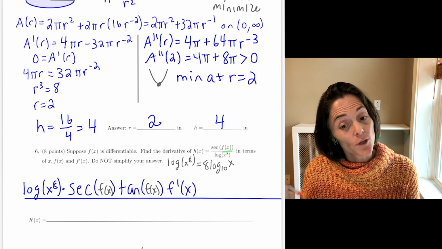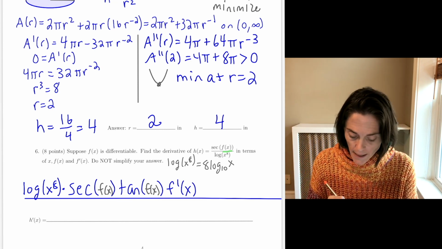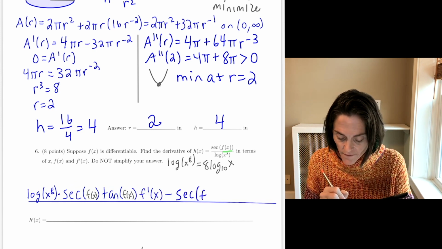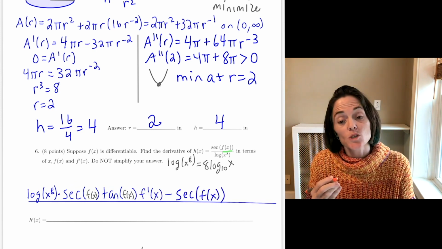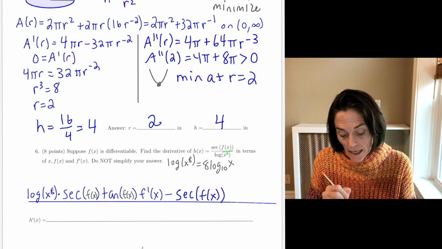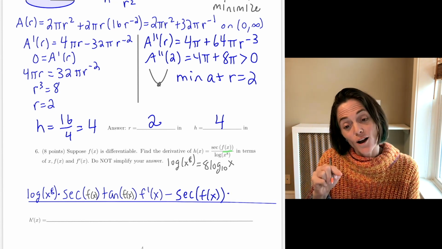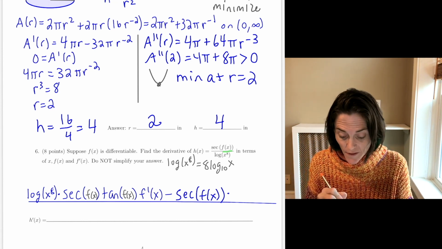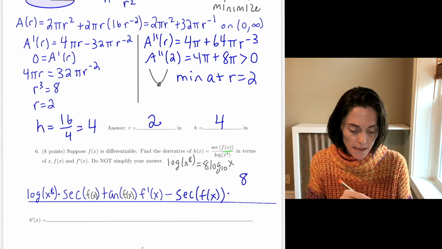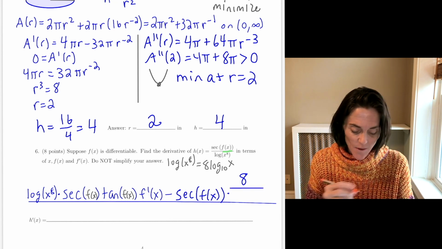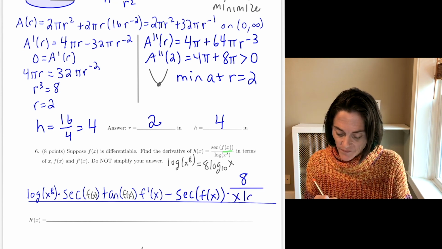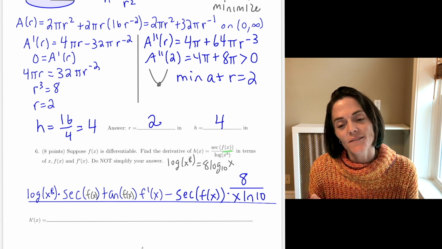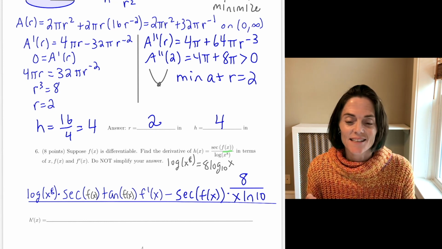Denominator, derivative of the numerator, and then minus the numerator, secant of f of x, times derivative of the denominator. But because I have written log x to the 8 as 8 log x, that simplifies things. So the answer will be 8 over x ln 10. That's the derivative of log of x to the 8.